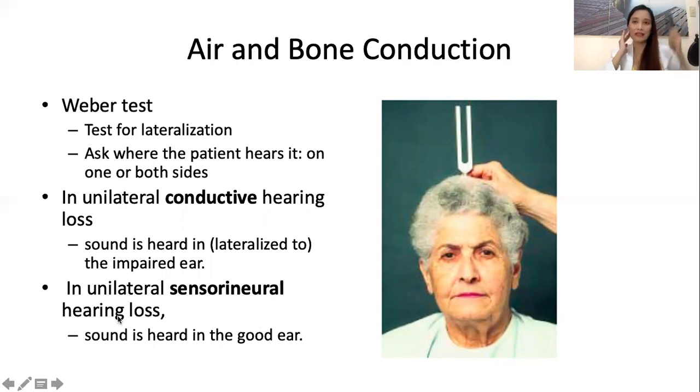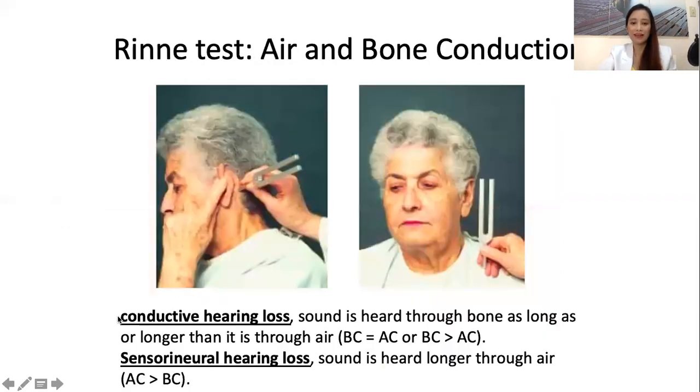It means that the right ear is the one that is impaired. Okay, now during the Rinne test, if you detect that it's a sensorineural hearing loss, then you put it here and the patient can hear it on your right ear, then the problem is on the left ear. Okay, so you need to practice this.